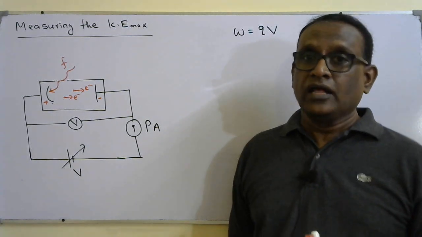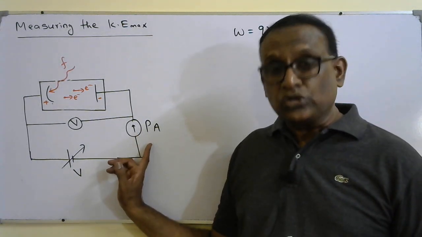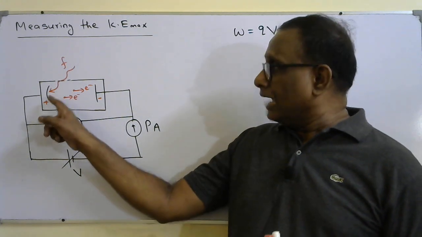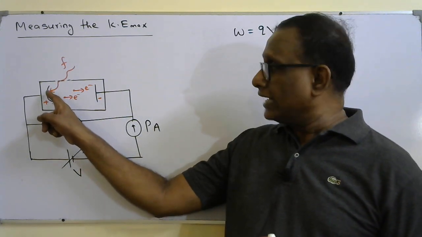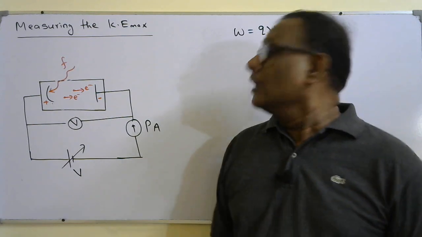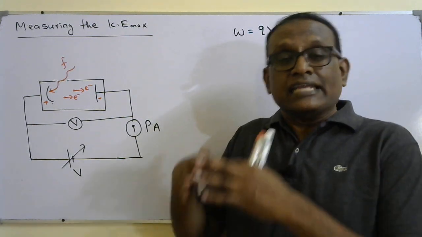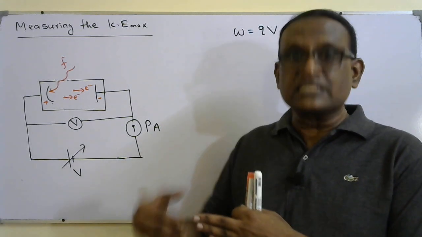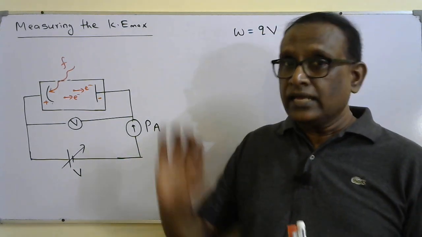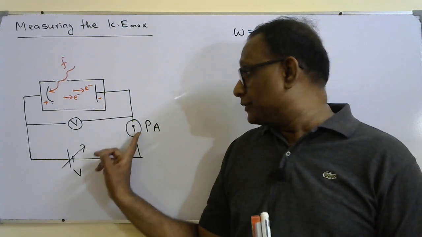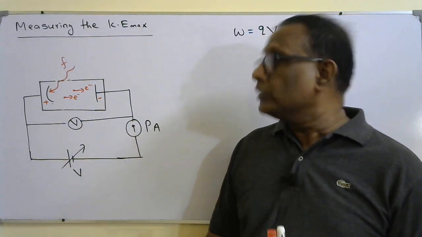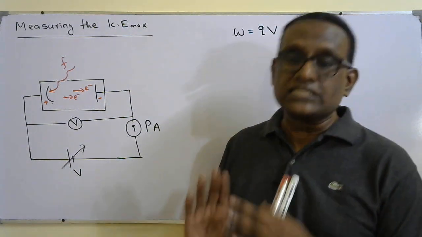That's very important. The picoammeter reading becoming zero means you have stopped all the photoelectrons emitted from the emitting electrode, and none of them are reaching the collecting electrode, because even the fastest electron emitted from the surface is stopped. Even when the picoammeter reading becomes zero, that means all the photoelectrons, including the fastest electron, are stopped.